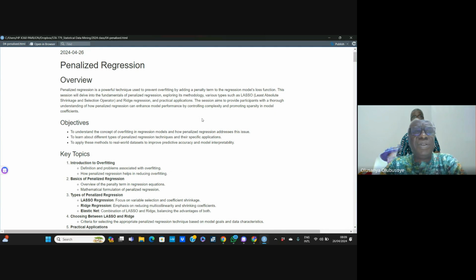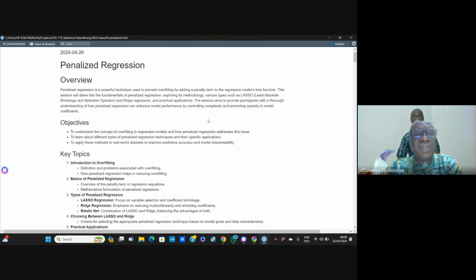So how do we do that? There are three techniques that we'll be discussing. One is the ridge regression. The second is the LASSO, which stands for least absolute shrinkage and selection operator.